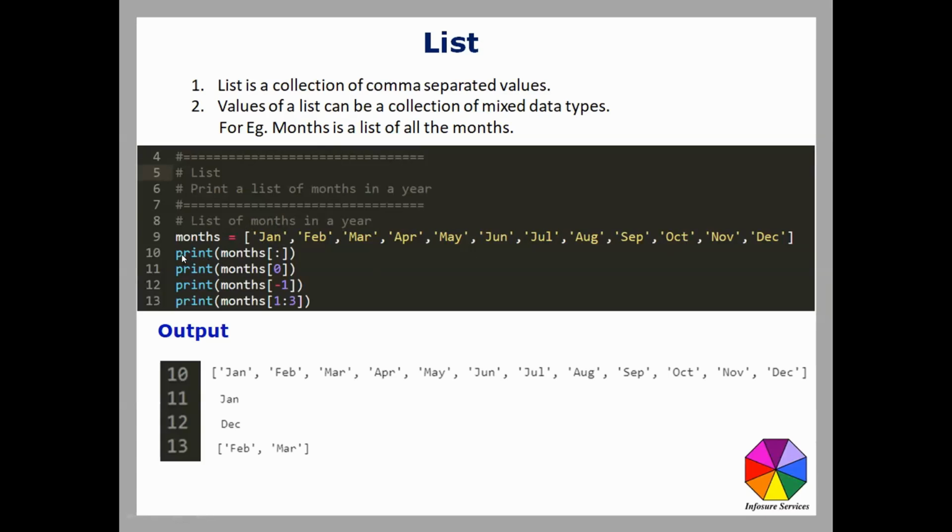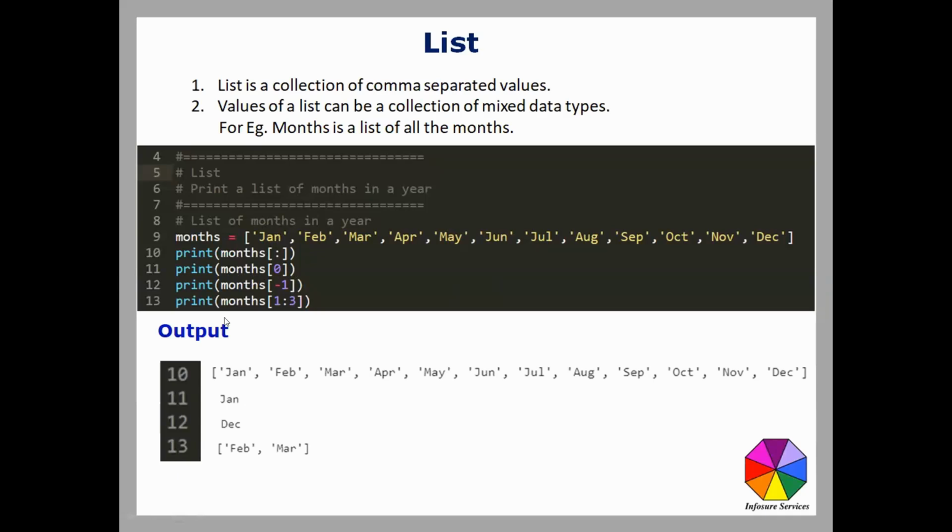Print months square bracket colon means it will print the entire list. Just the colon alone means all the values of the list will be printed. Print months of 0, that means the first value, January, is 0 indexed. In terms of code it is months square bracket 0.